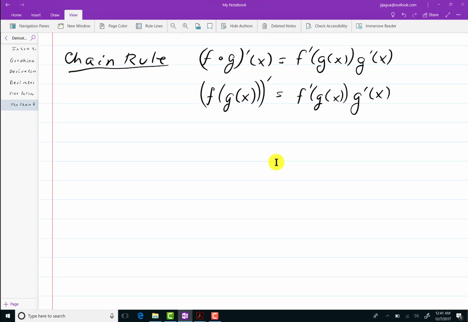There's a Leibniz version of it too. If you have more than one function floating around, dy over dx equals dy over du times du over dx.